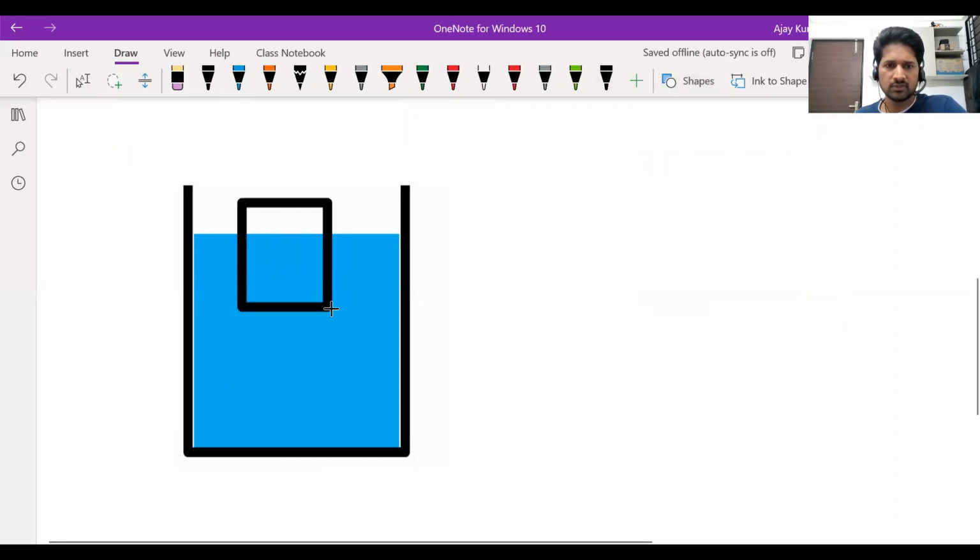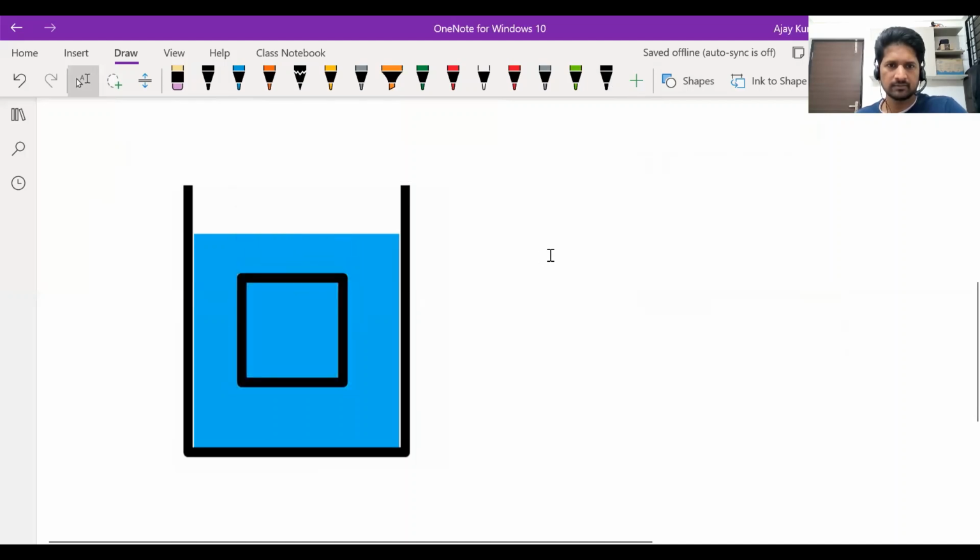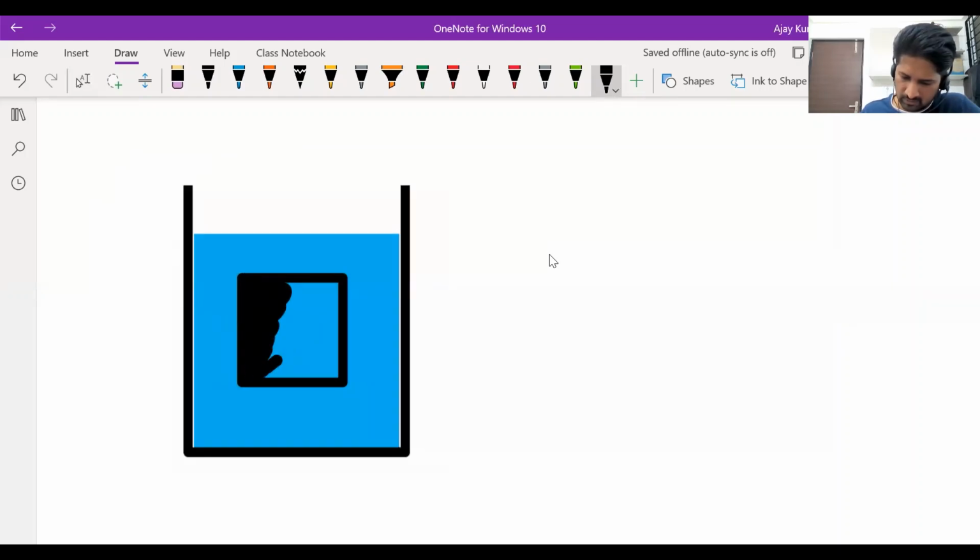Try this, all of you. Suppose there is a, let's take a cube to begin with. Solid cube. It is fully immersed in the liquid, as you can see.